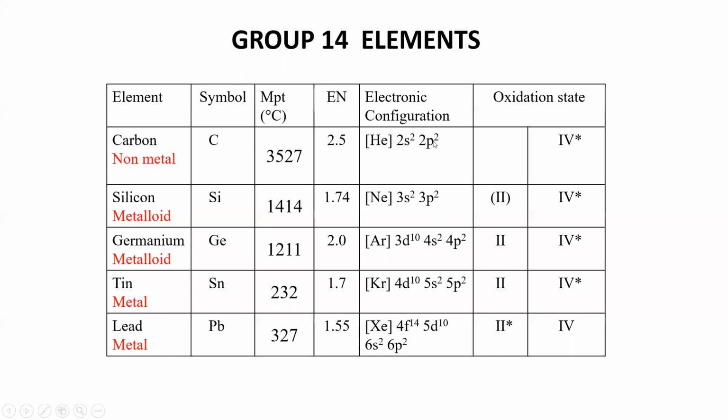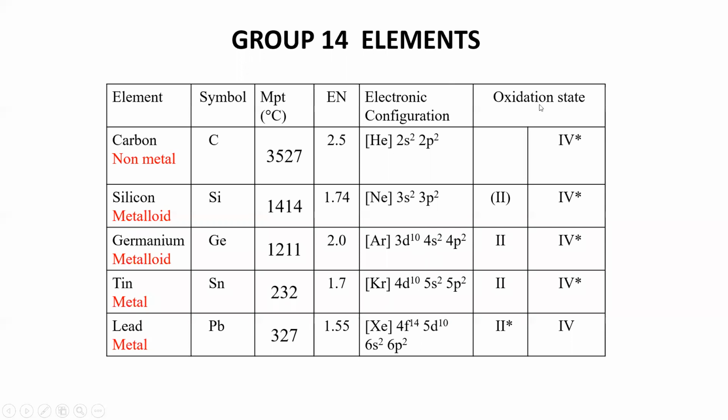You see that they all have their valence electrons, which is 2, in the p orbital. But as we go down, you see that we have the d electrons coming in. So this is actually what affects the inert pair effect.